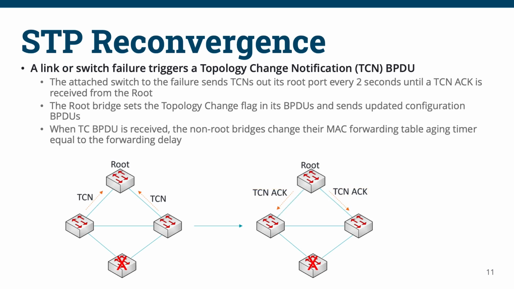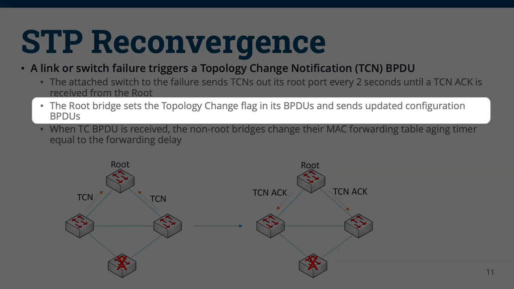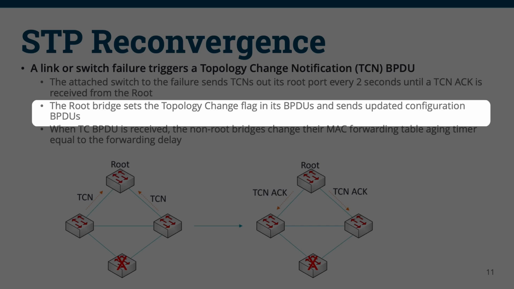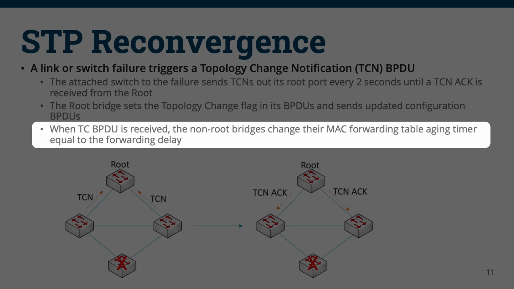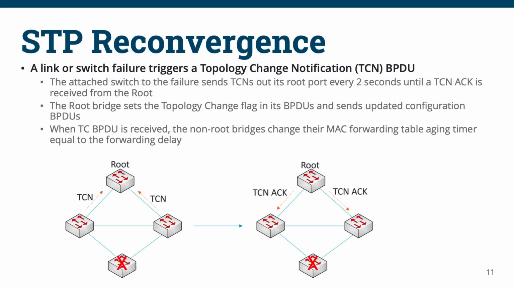When the root receives the TCN, it will set the topology change flag on its BPDUs, causing the switches that receive the BPDU as it propagates to change the max aging time in the forwarding table to the forwarding delay to ensure traffic isn't forwarded incorrectly and not delivered.